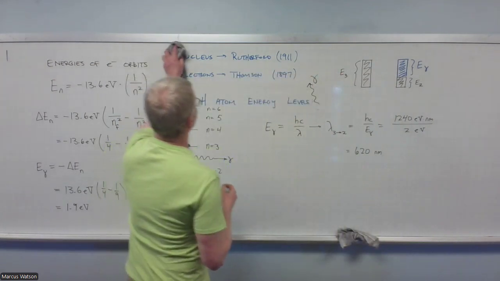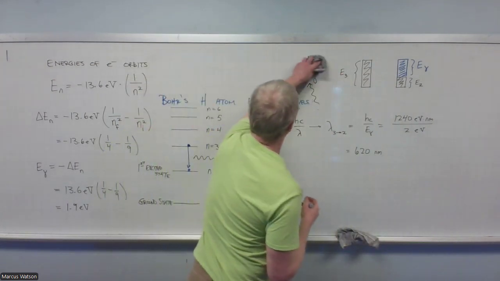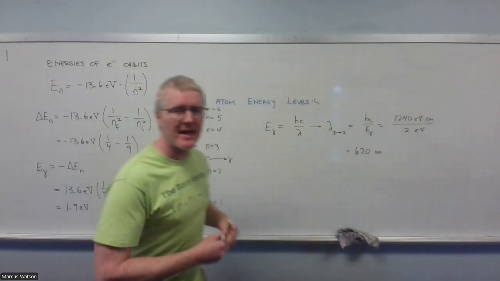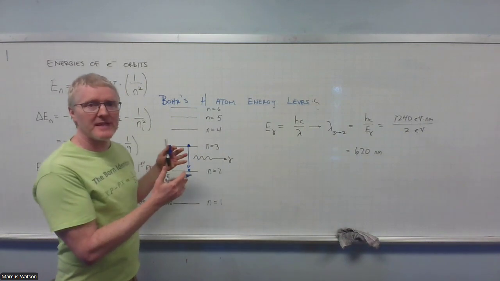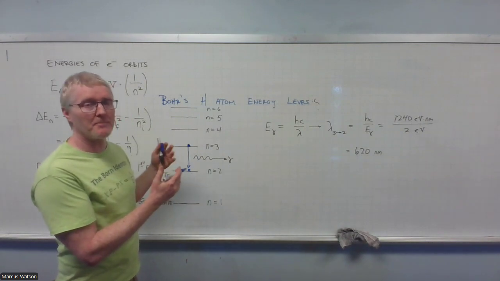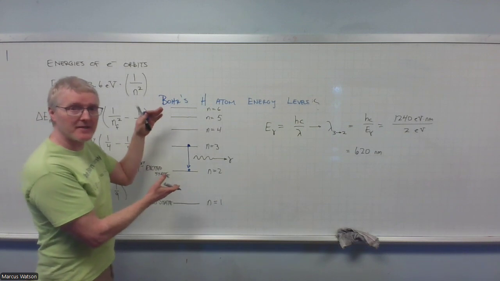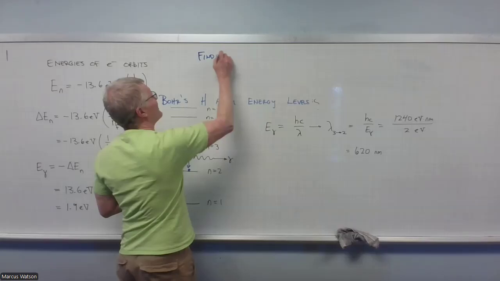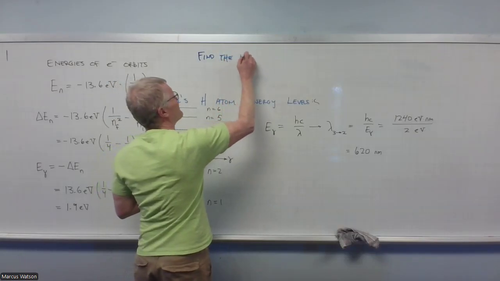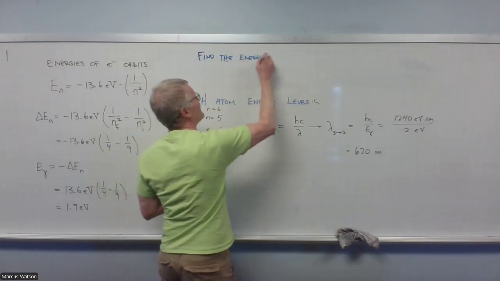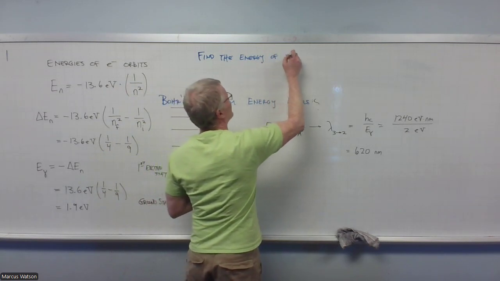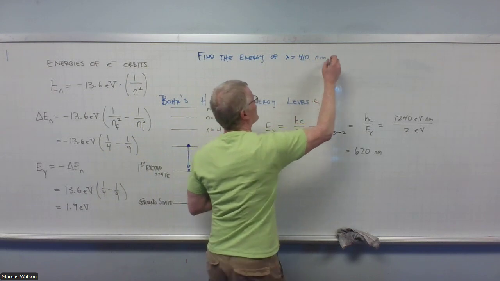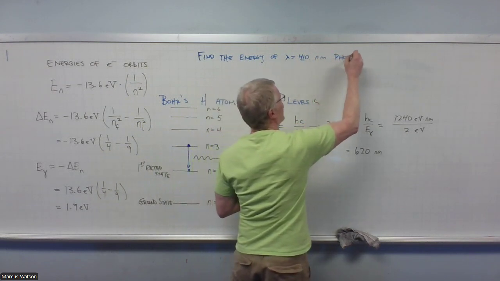So let's take a look at this and say, what does a 410 nanometer wavelength for a photon mean in terms of the hydrogen atom staircase? Let's start off by finding the energy of the 410 nanometer photon, which is observed in the hydrogen spectrum.